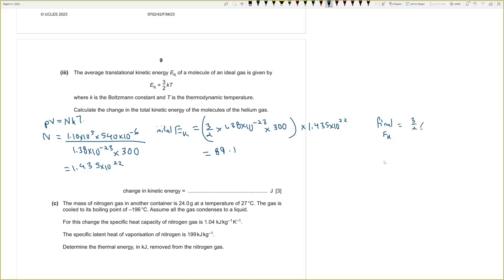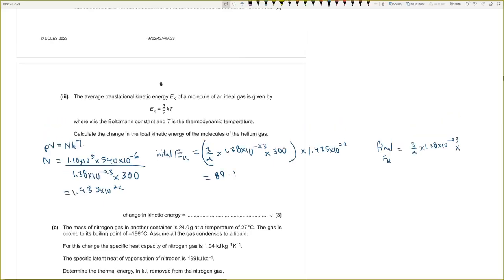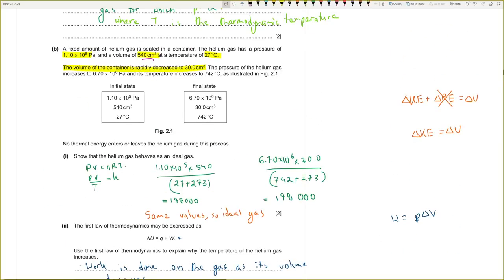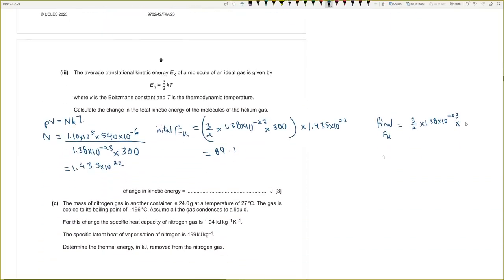Almost the same thing. 3 by 2 times 1.38 times 10 to the power minus 23 times the final temperature, which is 742 plus 273, 1015, times N, 1.435 times 10 to the power 22. This gives you a value of 301.5.